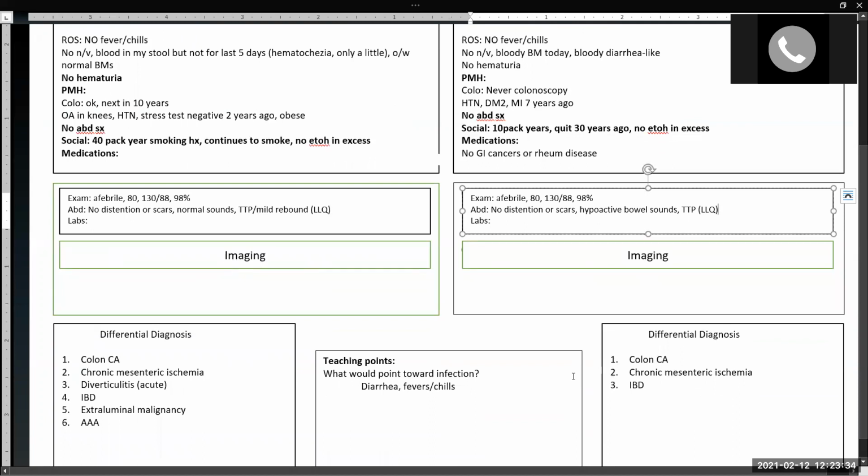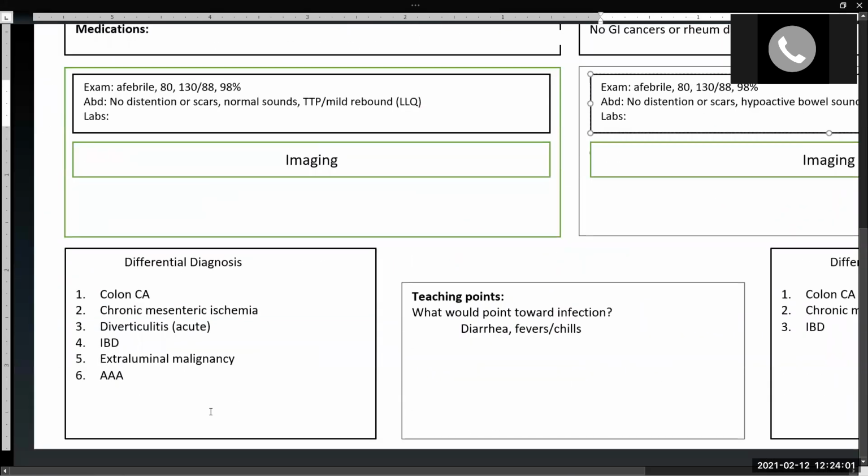Not really. Well, I think if you're capturing true rebound tenderness, that alludes to something causing peritonitis. And so things that are completely unrelated to peritonitis would go lower, and things that are related would go higher. Okay. Do you want to move something higher? If diverticulitis is on there, I'd move that up a little bit.